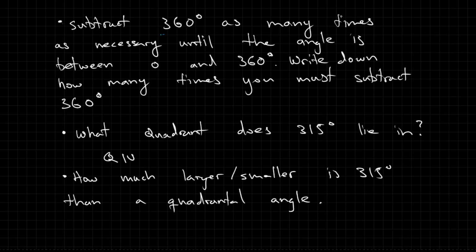Then subtract 360 degrees as many times as necessary to get an angle between 0 and 360 degrees. Many times this will not be necessary because maybe your angle is already between 0 and 360 degrees. Then ask yourself, what quadrant does your angle live in? And finally, how much larger or smaller is it than a quadrantal angle? From there, you can draw the correct visualization.